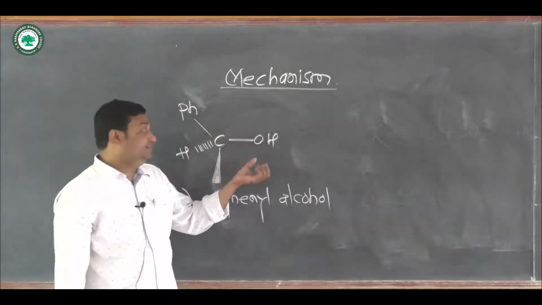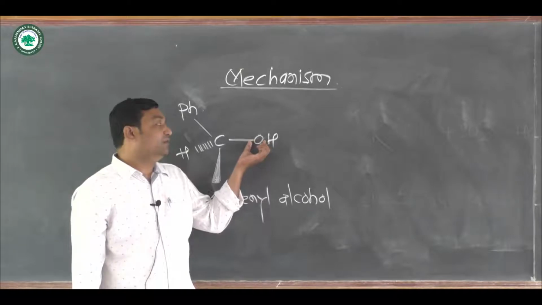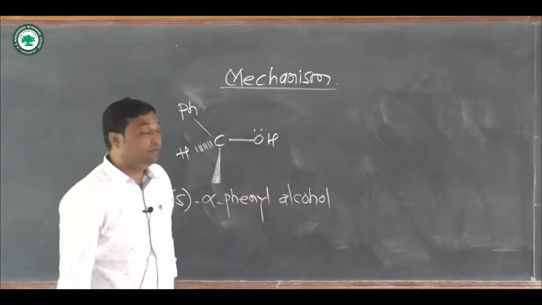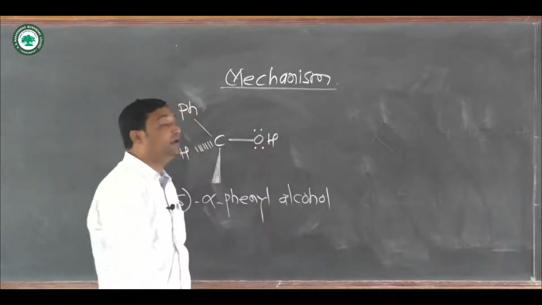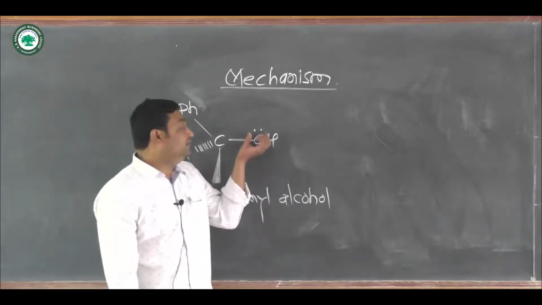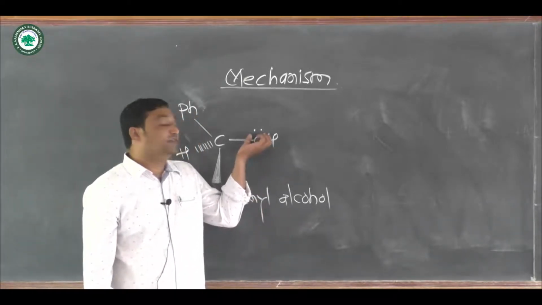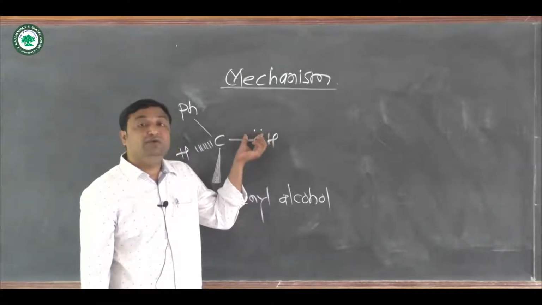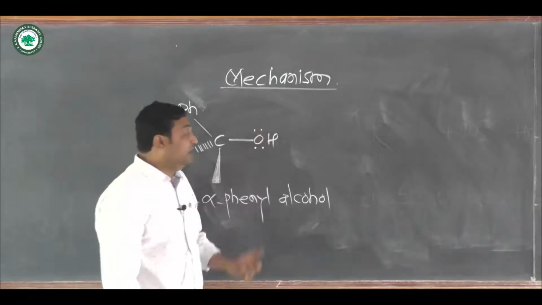We know that the oxygen atom of this OH carries two lone pairs of electrons. That's why this oxygen atom of the molecule behaves as a nucleophile.